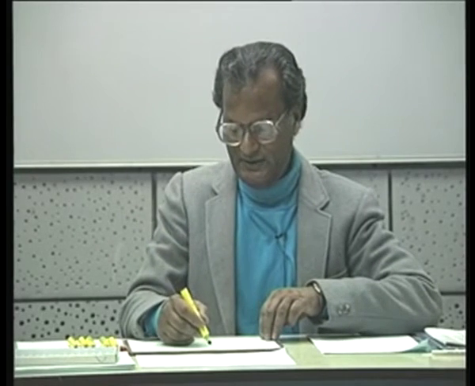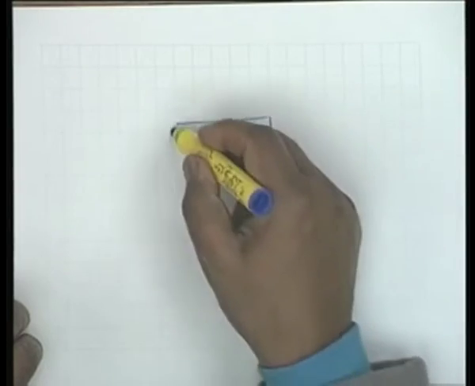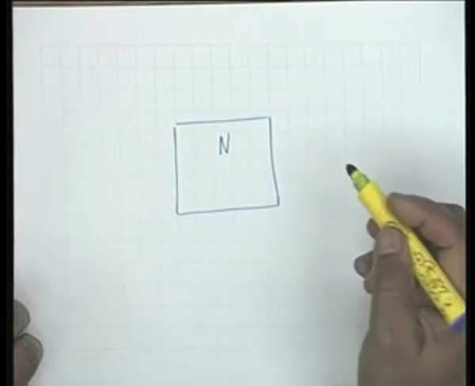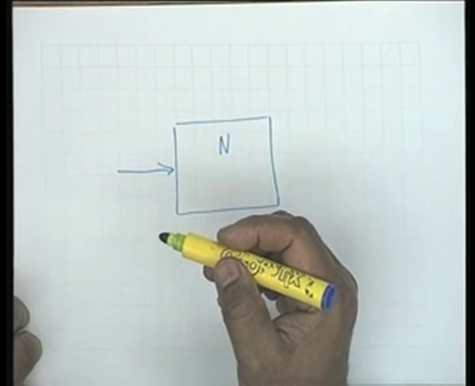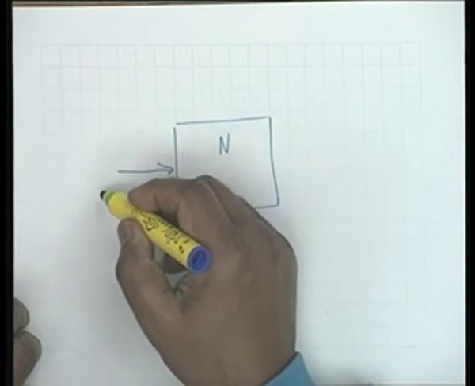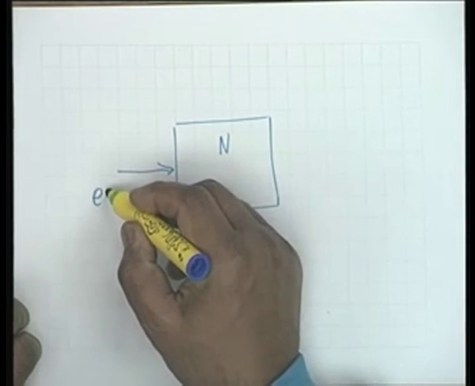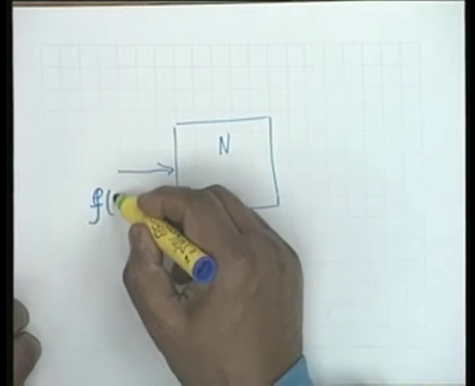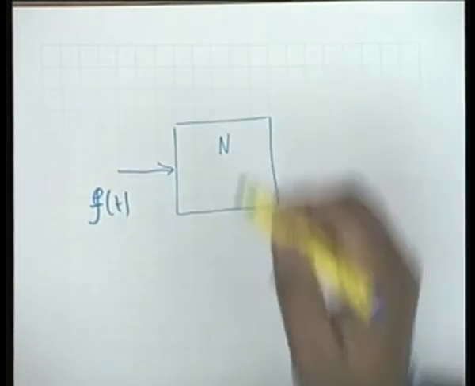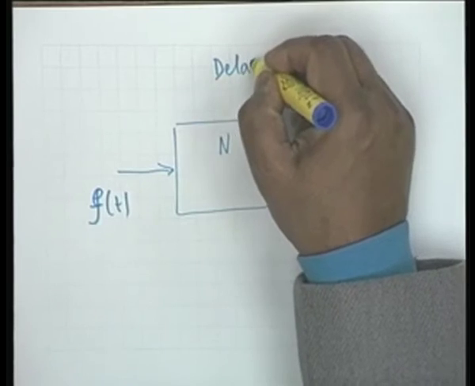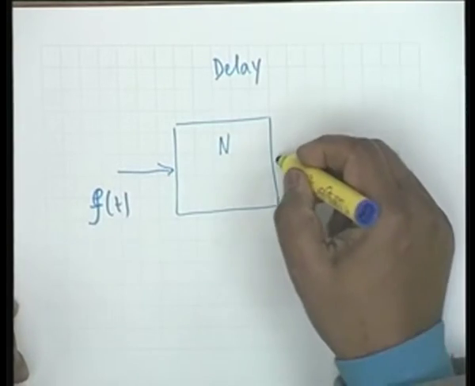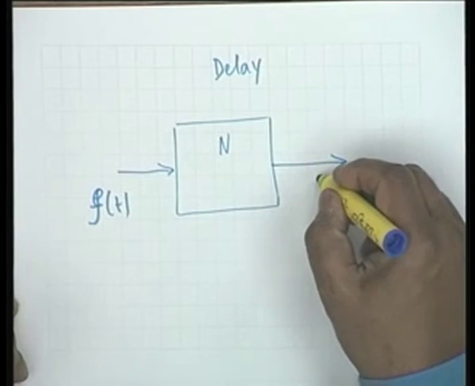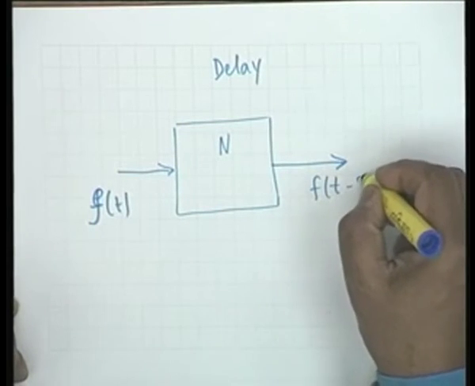Suppose we have a network N, and let us say it is excited by an input, let us say f of t, where f can be a voltage or it can also be a current, and let the output be delayed by an amount tau.